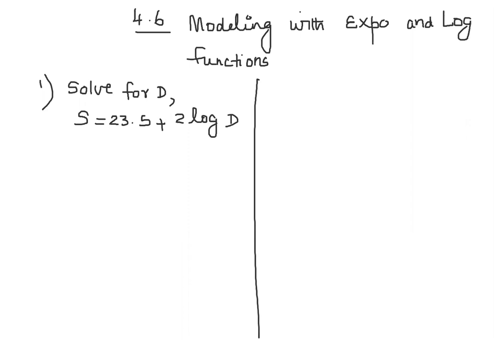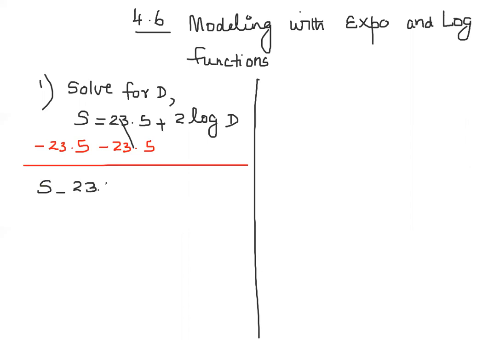So what do we do first? First we have to move this 23.5 to the other side. So we get f minus 23.5 equals 2 times log d.